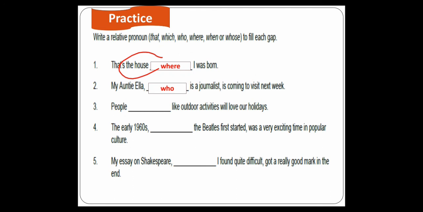Number three, people like outdoor activities. We love our holidays. Now here we have people, so it's clear we should use who. So people who like outdoor activities, we love our holidays.